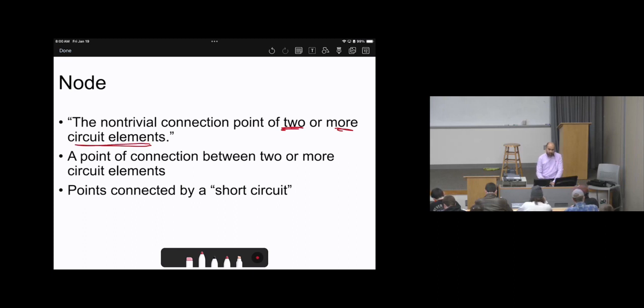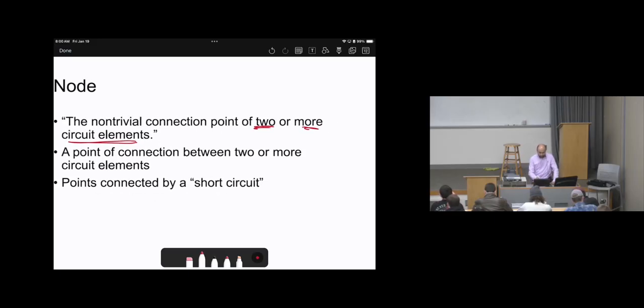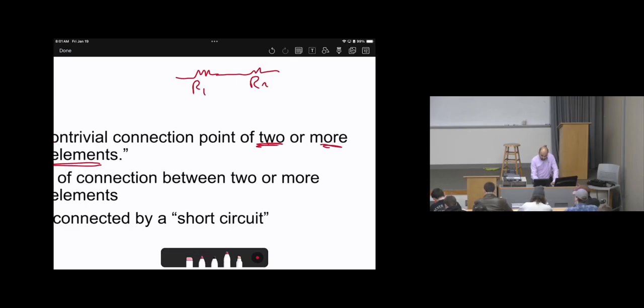What are the circuit elements? We already discussed this before, which is it can be resistor, inductor, capacitor, voltage source, current source. So whenever you see any connection between two or more, this is called node. For example, when we have this resistor R1 and another resistor R2, the connection between them, this is called node.